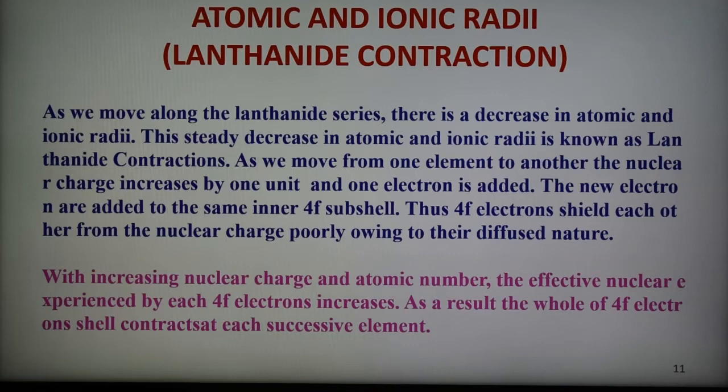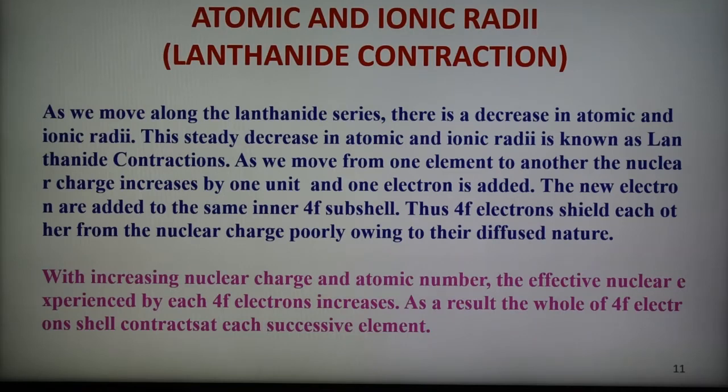The decrease in ionic radii from lanthanum to lutetium is only 0.213 angstrom, which points out that the variation is quite small. This small steady decrease in atomic size and ionic radii of lanthanide elements with the increase in atomic number is known as lanthanide contraction.